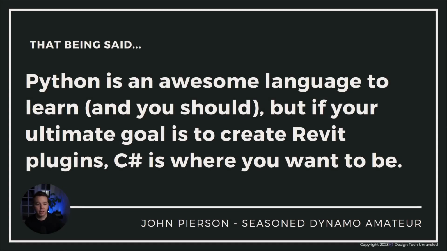With that being said, Python really is an awesome language to learn. I think everyone should learn Python. It is a very valuable skill, especially with the Python interaction in Dynamo being so smooth and tools like PyRevit existing. But if your ultimate goal is to create Revit plugins, C# is where you want to be. A lot of people really embrace Python and they build full ribbons with Python, which is amazing.